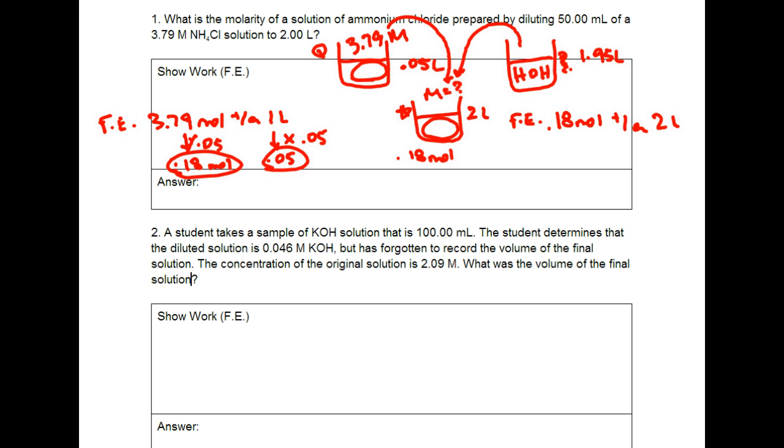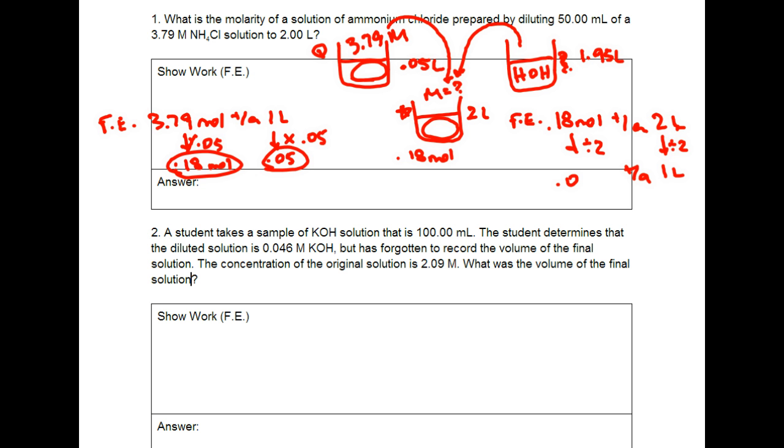We need to figure out what the molarity is, however. And molarity can be known when the for every statement ends with 1 liter. But it doesn't end with 1 liter right now because we have 2 liters worth of it. So we need to divide by 2. And whatever we do there, we have to do there.